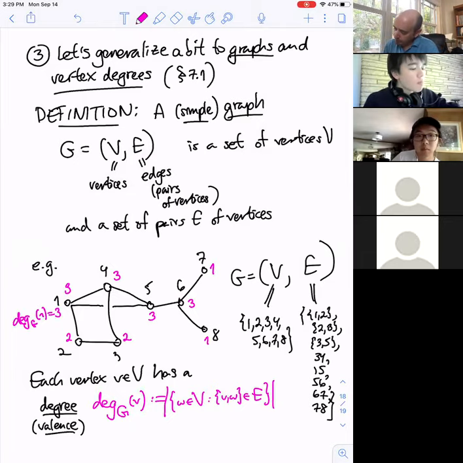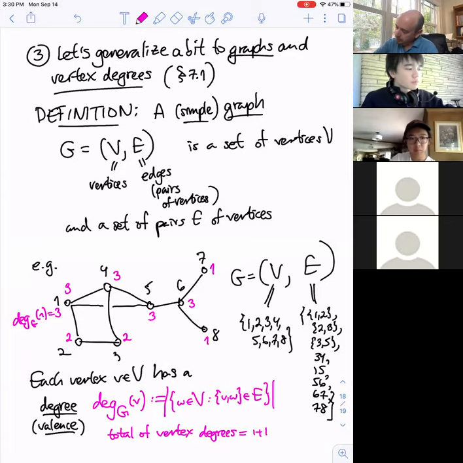And so if we total them up, that's the total of the vertex degrees. What do we get? Let's see, a 1 occurs here and here, so we got 1 plus 1.